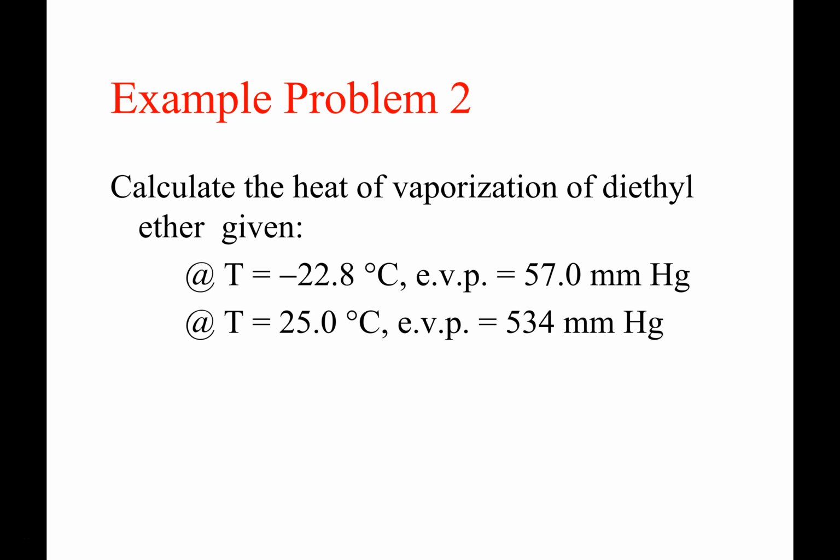So we only have these two data points, and we don't have access to LoggerPro. So my suggestion usually is to think of it as putting those on a plot.